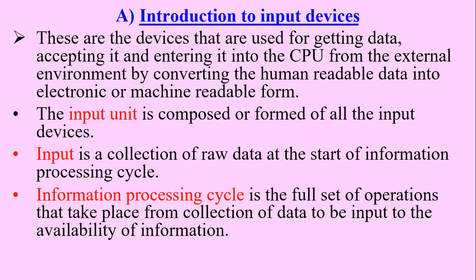When we talk about input, we are referring to a collection of raw data at the start of the information processing cycle, whereby the information processing cycle is the full set of operations that take place from collection of data to be input to the availability of information.